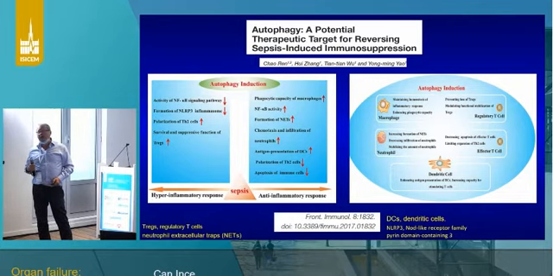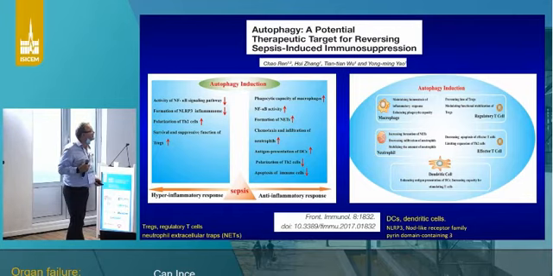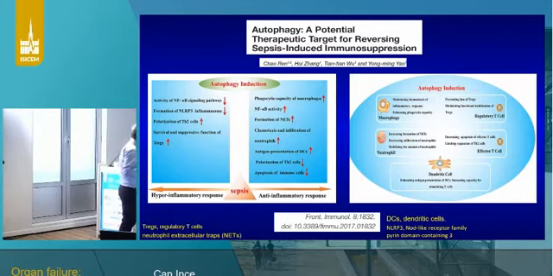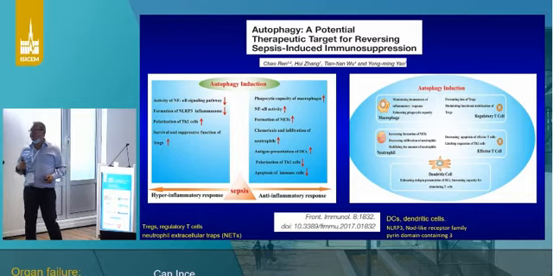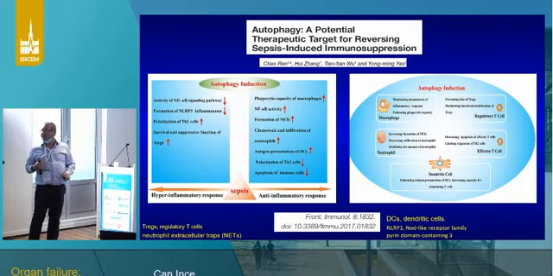So you've got a lot of garbage just lying around there, not being cleaned up. And in fact, targeting autophagy and enhancing autophagy is considered a potential therapeutic target in the treatment of sepsis.